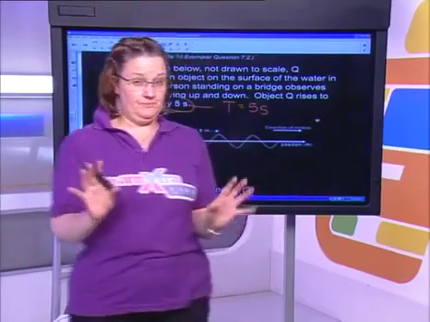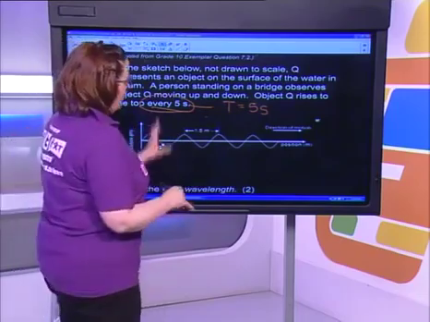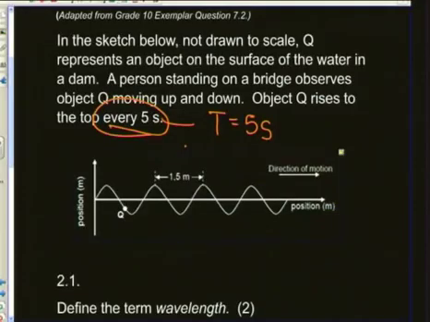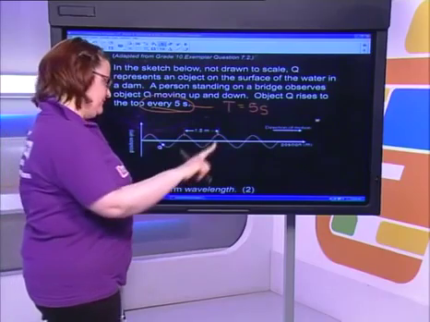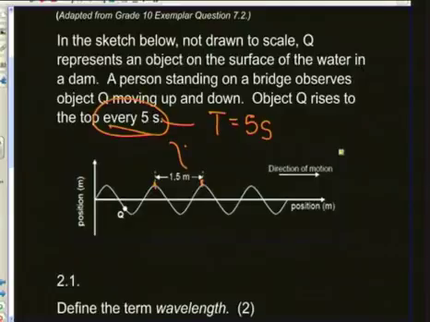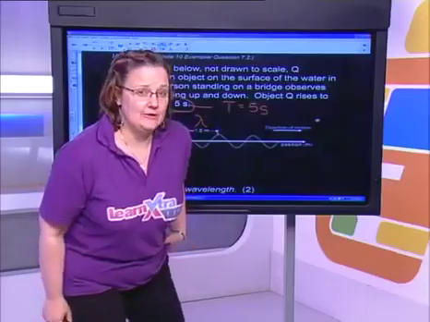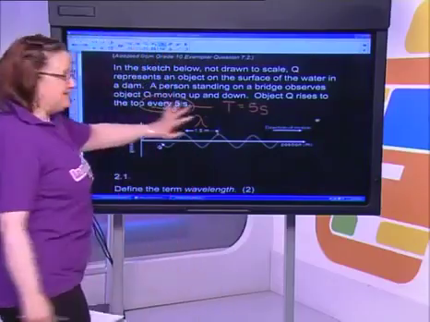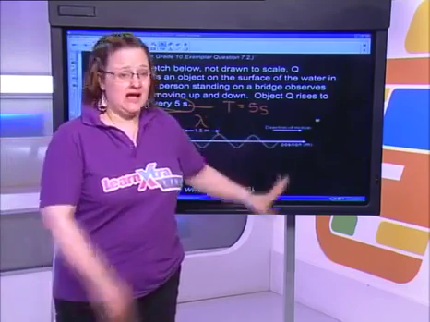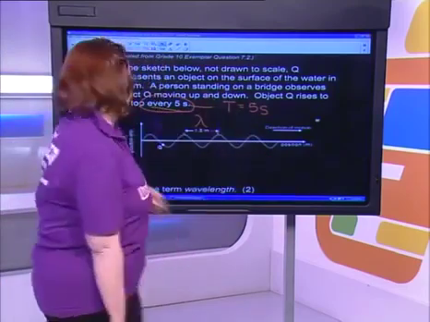Big important piece of information to get. Also, on the diagram, from this crest to this crest, they give a distance of 1,5 meters. It's the distance between 2 points in phase, which is actually my next question, wavelength. So I know the period and I know the wavelength now. Haven't even looked at the questions. I've just looked at the information given.